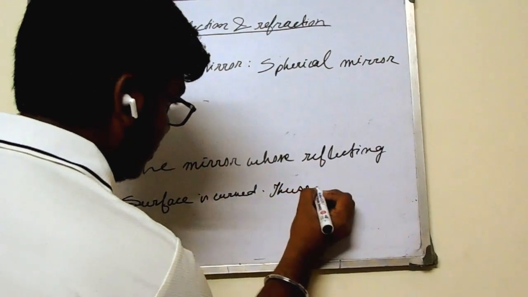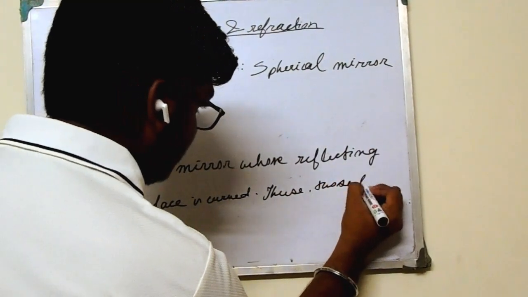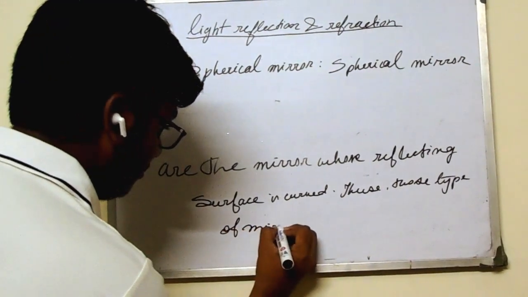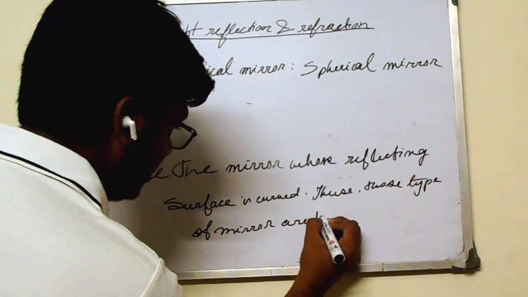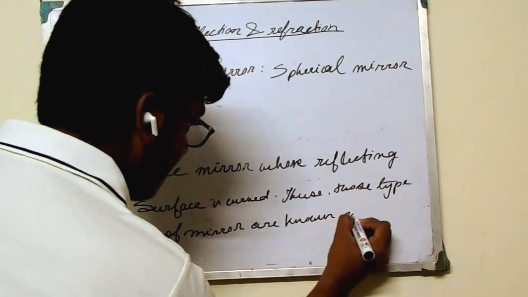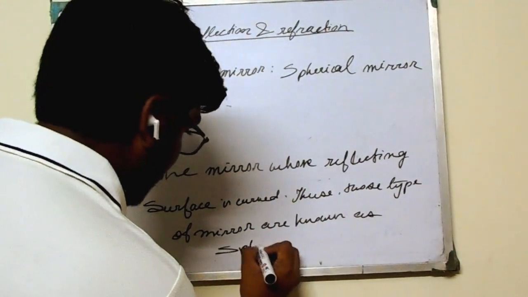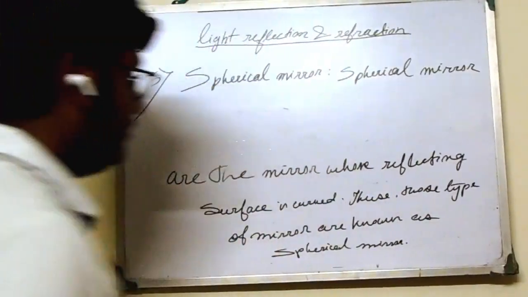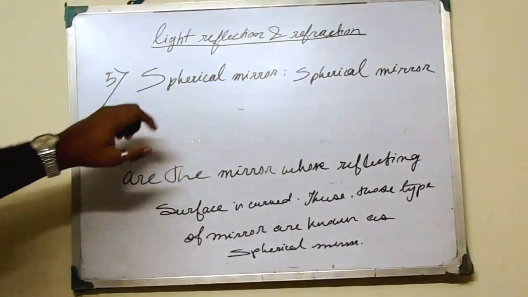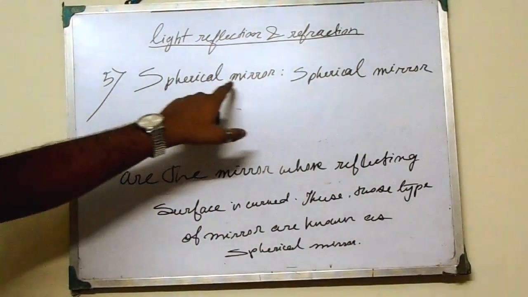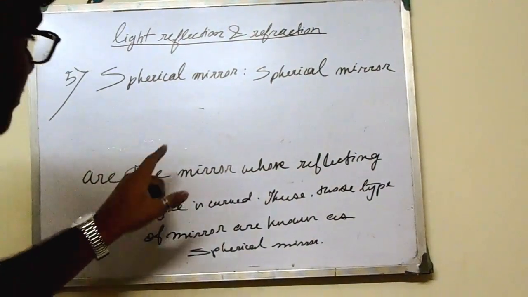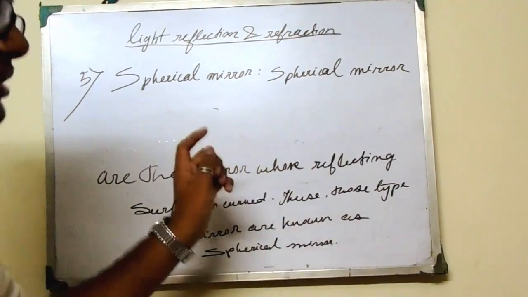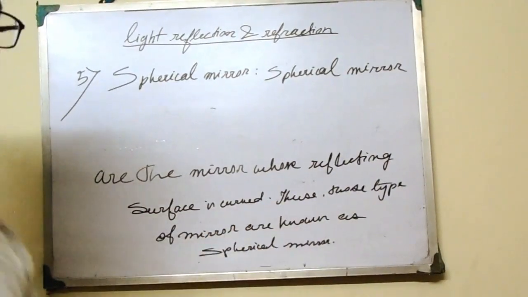Thus those types of mirror are known as spherical mirrors. I repeat once again, spherical mirrors are the mirrors whose reflecting surface is curved.